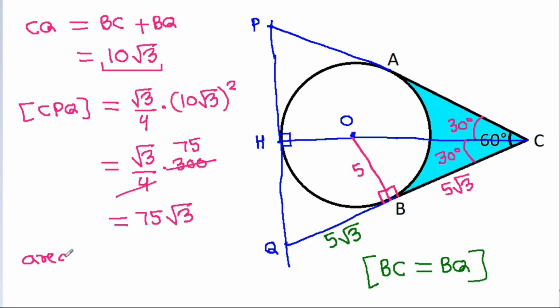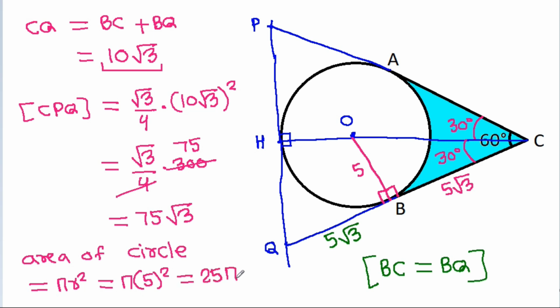and the area of the circle will be equal to pi r squared, that will be equal to pi times 5 squared, and it is 25 pi.